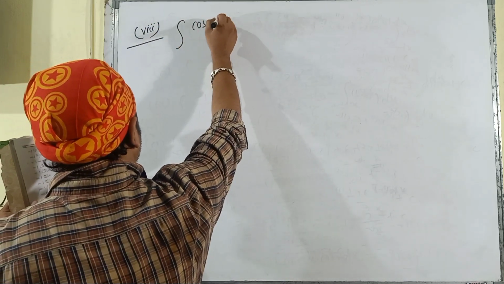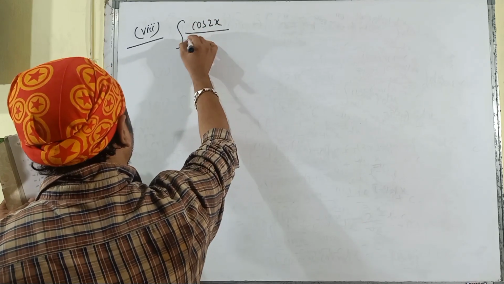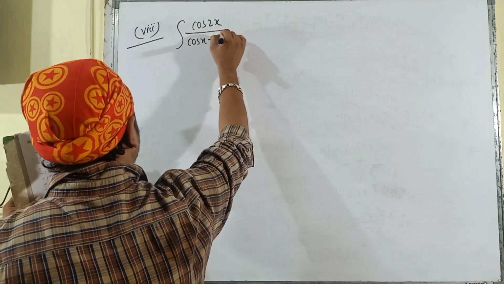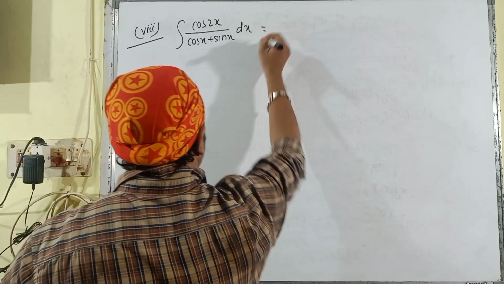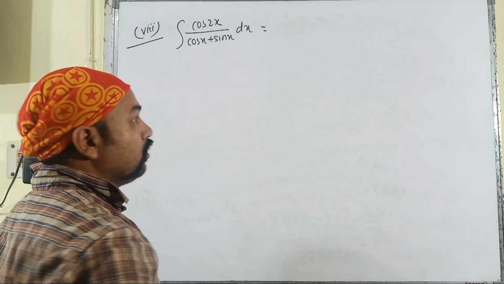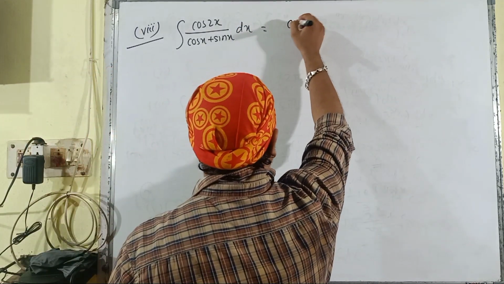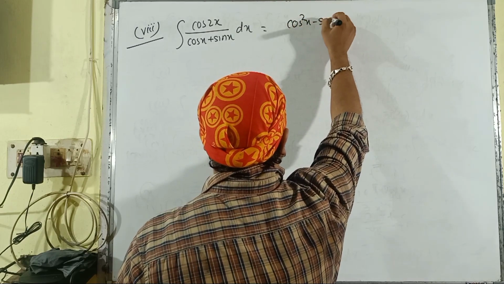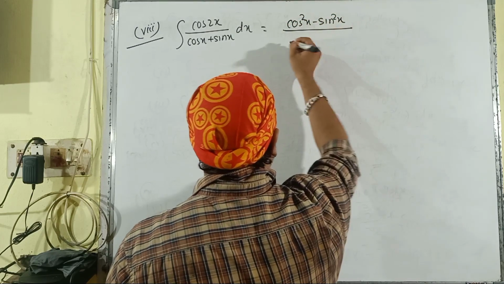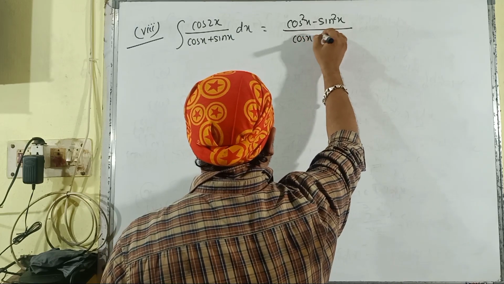Then moving to the eighth bit. Integral of cos 2x divided by cos x plus sin x. In place of cos 2x, we can write down the formula of cos 2x, that is cos square x minus sin square x whole divided by cos x plus sin x.